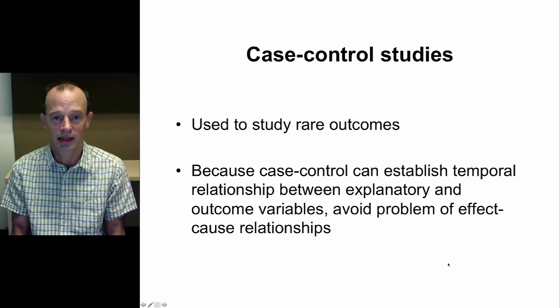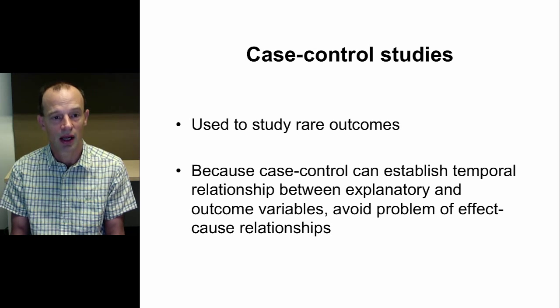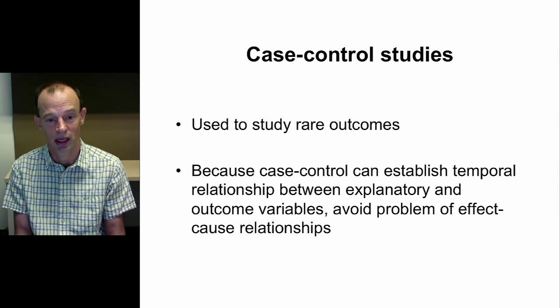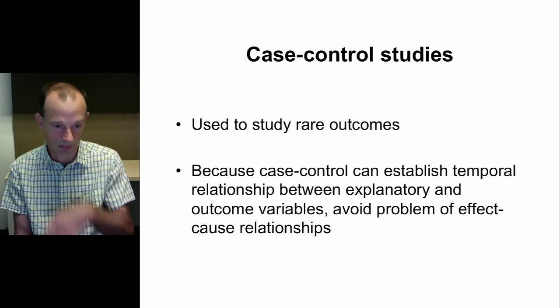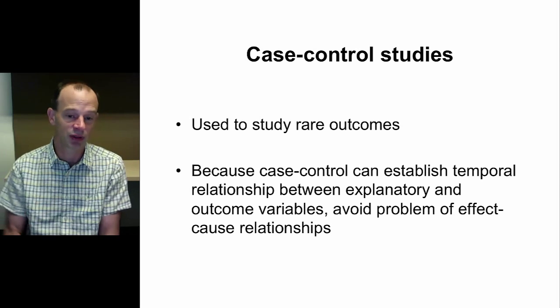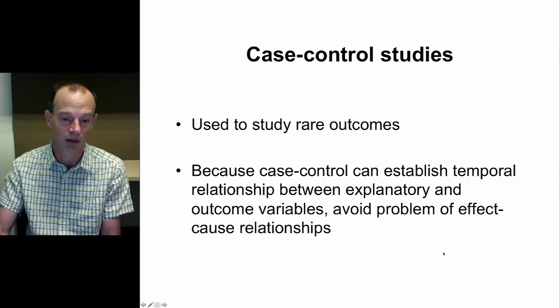Okay, so the second type of observational study is what's called a case control study, and it's used to study rare outcomes. And because case control studies can establish a temporal relationship between explanatory variables and outcomes, it avoids the problem of what we call effect-cause relationship that we couldn't distinguish in the cross-sectional study.